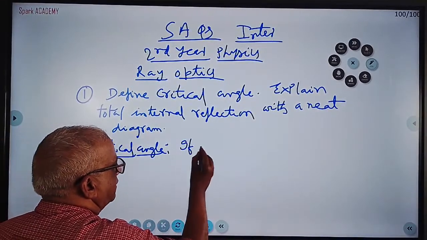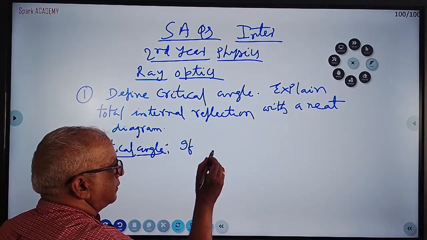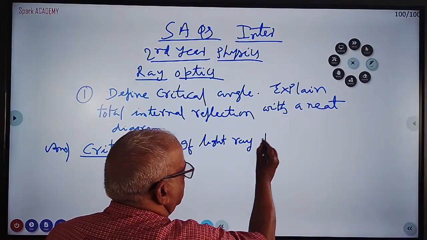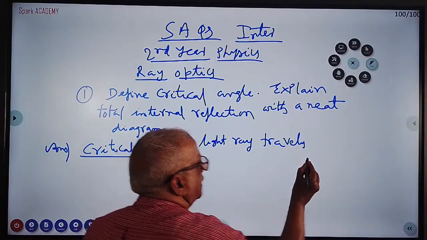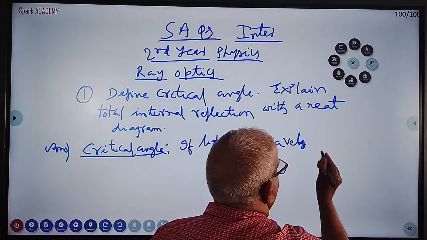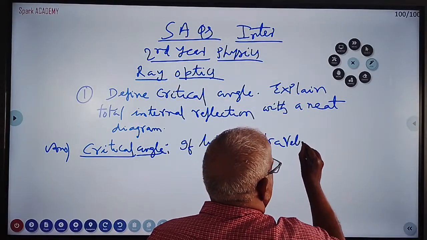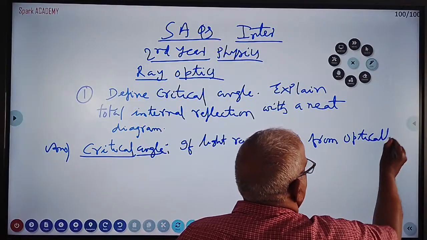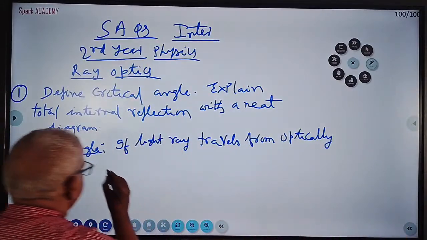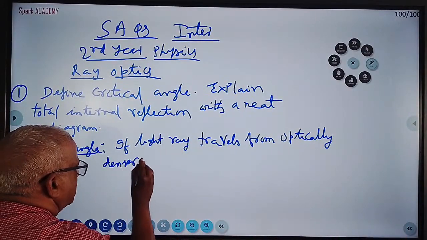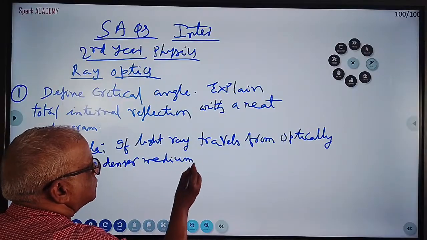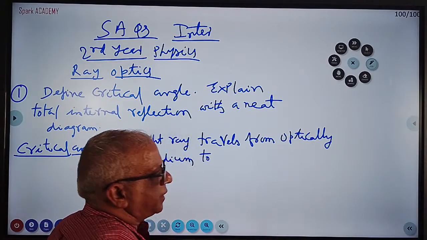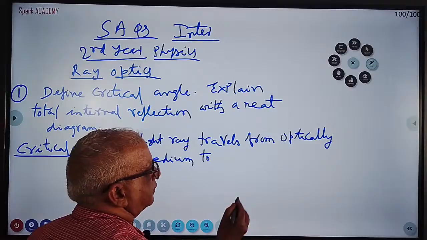If the light ray travels from optically denser medium to, you can write denser medium, but optically denser means where speed of light is less.